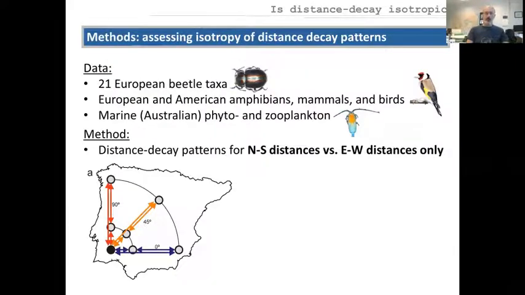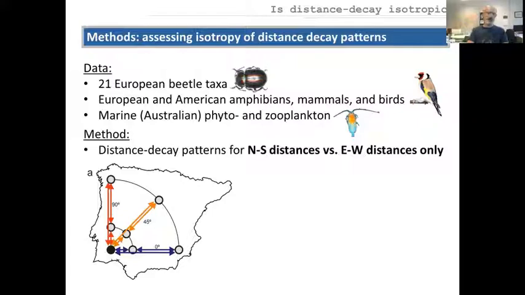We can test this, and we used 21 European beetle taxa, I mean super specific taxa like families and big genera. So we have 21 taxa with species presence-absence matrices.